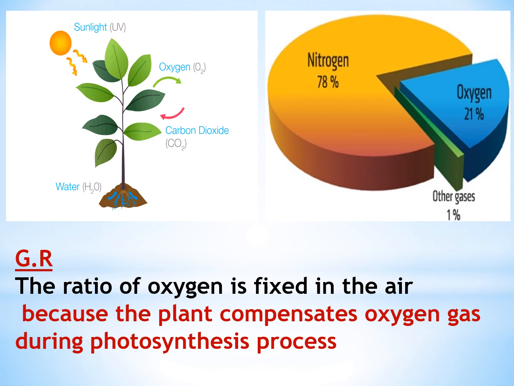The answer: this is because the amount of oxygen gas that we consumed during respiration process and burning or combustion is compensated or recovered by the green plant during photosynthesis process. Again, the answer: because the plant compensates oxygen gas during photosynthesis process.